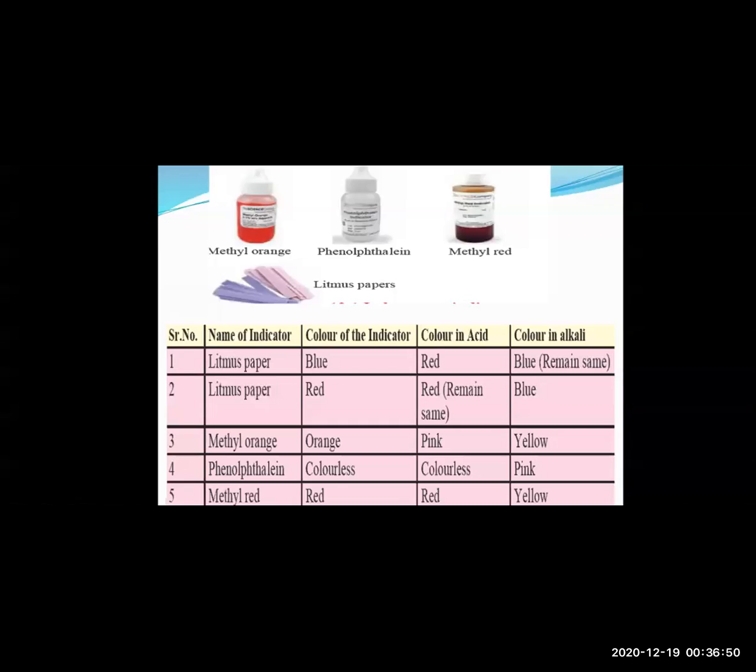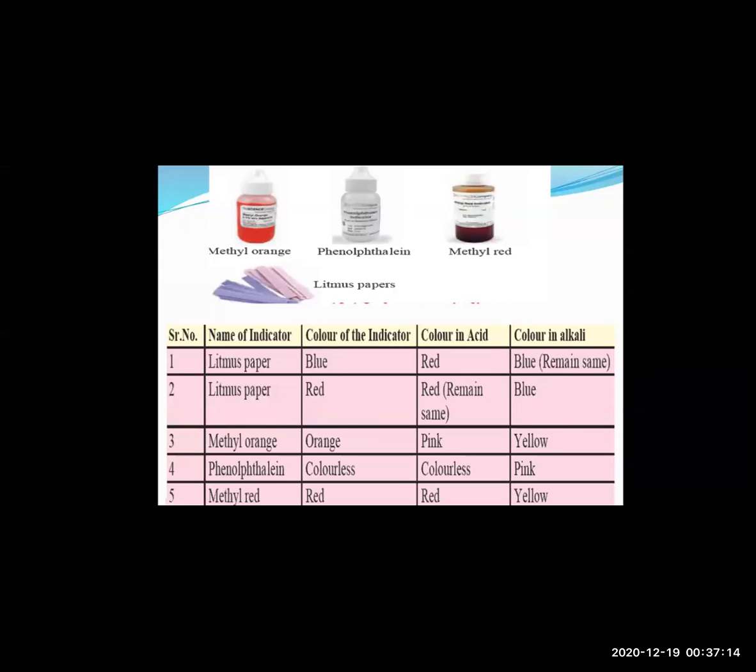When the blue litmus paper turns red in acid, that time we can say that that is the acidic solution. And when the red litmus paper turns blue in base, that time we can say that that is the basic solution.